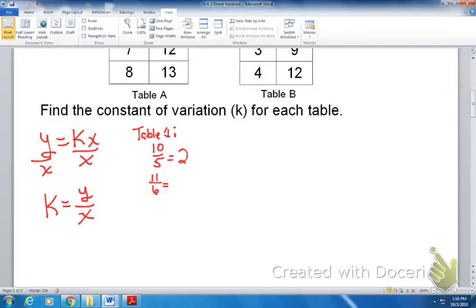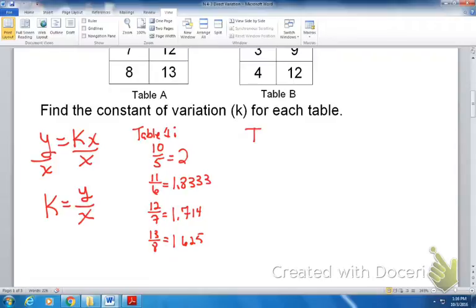When I put that in my calculator, because that's kind of a tough one, I get 1.8333. Then I do the next one. I have 7, 12, so 12 over 7. I got that to be 1.714. And the last one's 8, 13, so I put 13 over 8, and I get 1.625. So let's hold that together for just a second, okay?